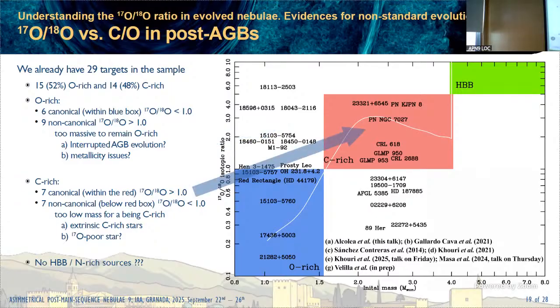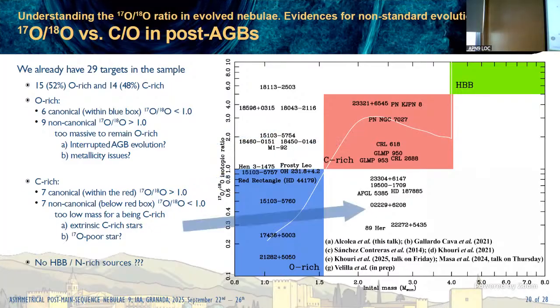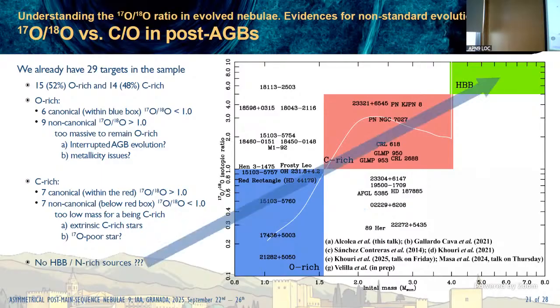Then you have the normal carbon stars, but you also have this kind of stars which are carbon rich but have ratios typical of oxygen rich. And for that, I have no explanation. And more surprisingly, we don't find sources where we always detect C18O, meaning that either this prediction is wrong or we don't find sources in the range of the hot bottom burning.